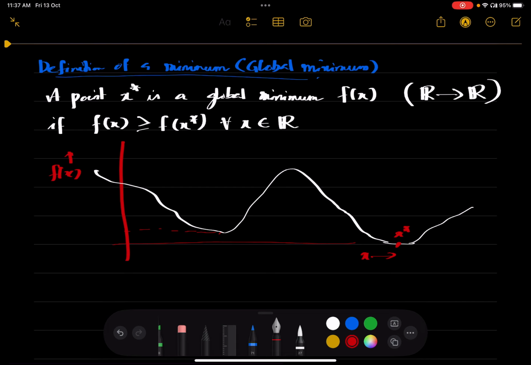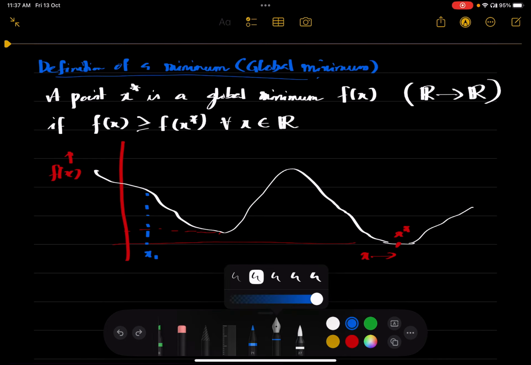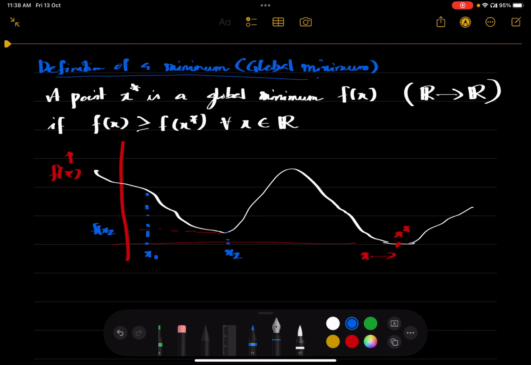For any x other than this x star, if we take the corresponding value, suppose I take my x to be here, this is my x1, and let me take another x2 here, and for that there is a corresponding f of x2, and for this there's the corresponding x1.